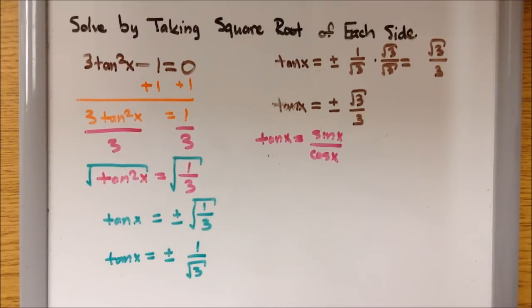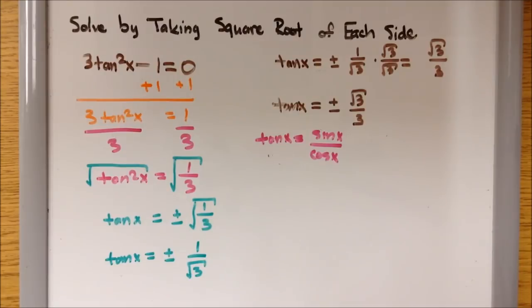That means basically finding the tangent value 12 times. But that's too much work. So we're just going to look at each angle that has a square root of 3 in it.